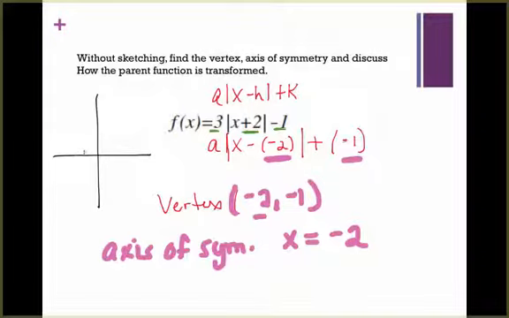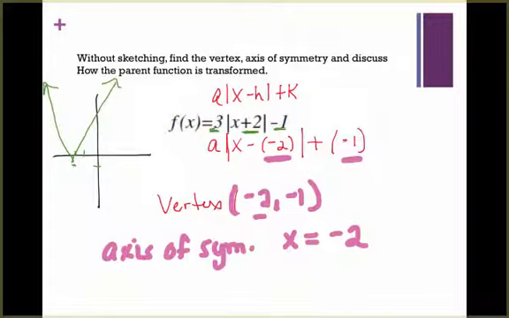So this is going to go over 2, down 1, and put my vertex. Notice that that's where we had the vertex labeled, at -2, -1. And then we're going to stretch it by a factor of 3 because we multiplied by 3 in the front.